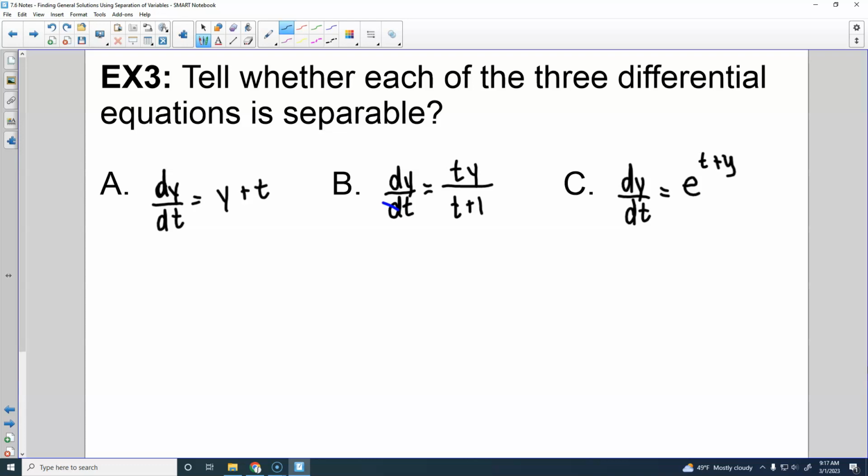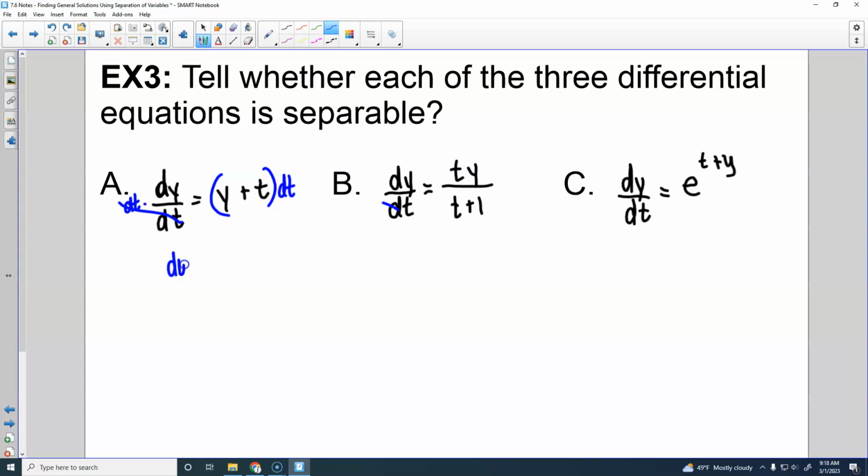So it's not asking you to solve these here, it's just asking you whether or not you can separate them. For example, if I was trying to separate here for my dy dt, one of the first things you're going to have to do every time is multiply by that dt, because you cannot solve a differential equation if the dy or the dt is in the denominator of the fraction.